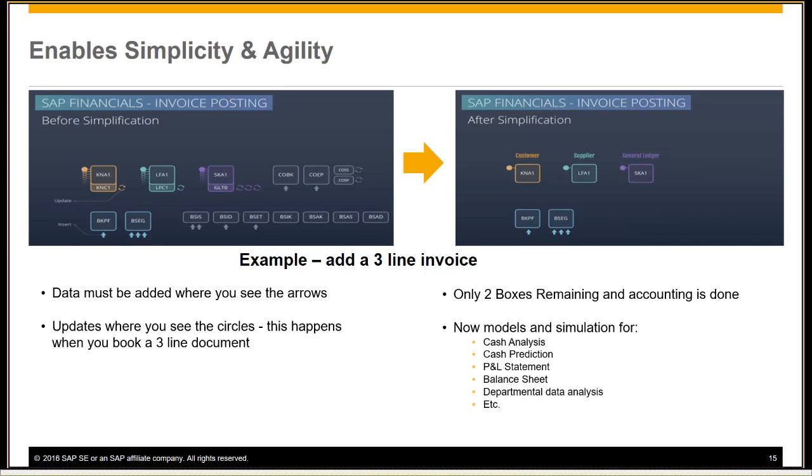That way you are not only consolidating the schema into fewer tables, you can also perform more functionality because you are querying the data against very few tables. So this is how we are driving simplicity and agility.